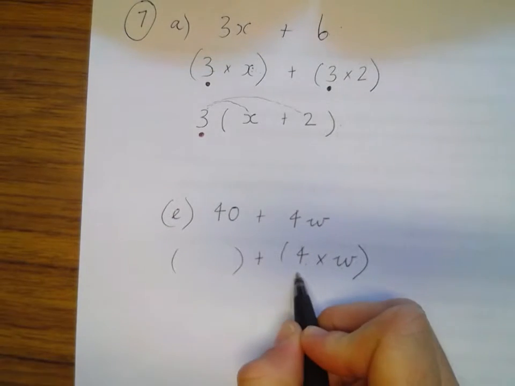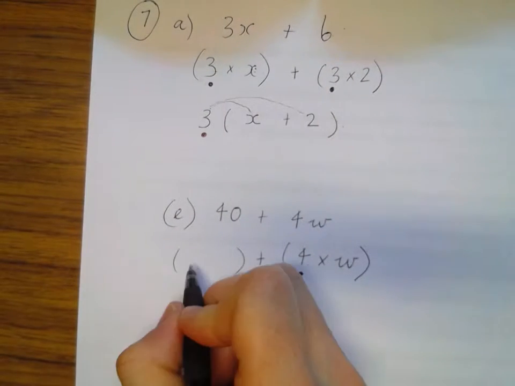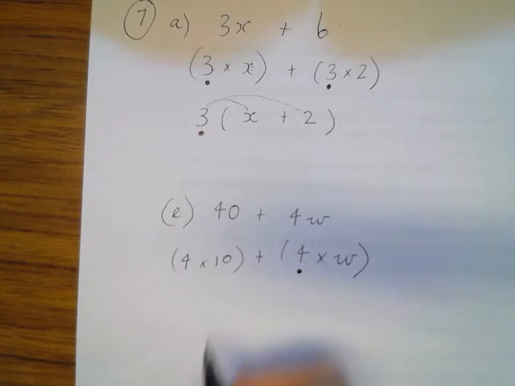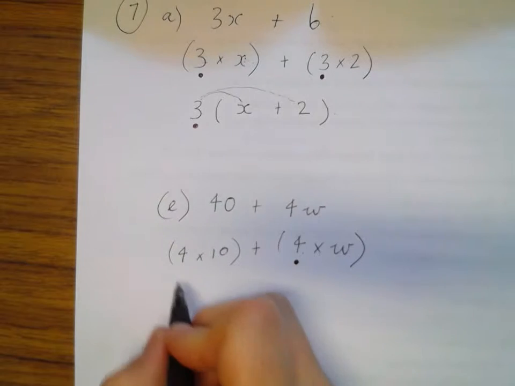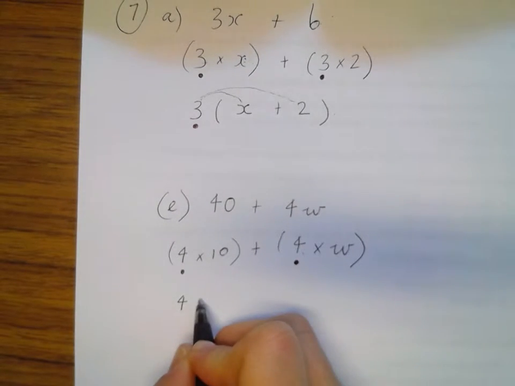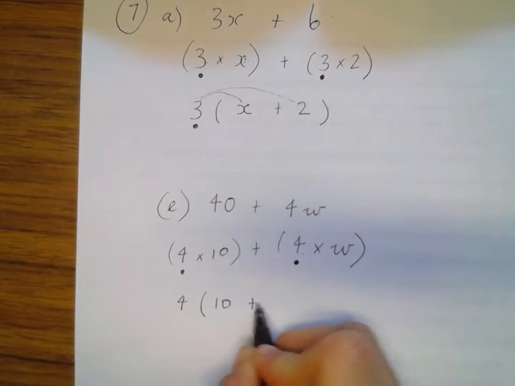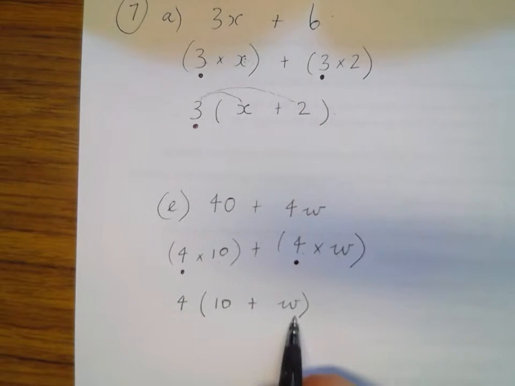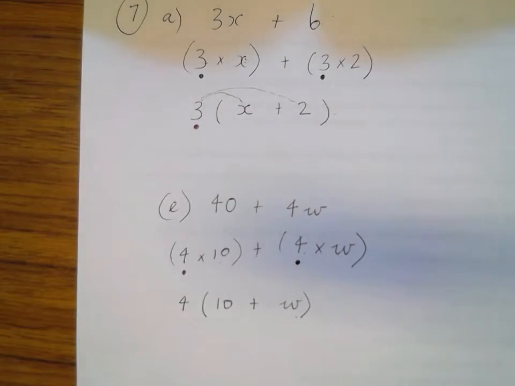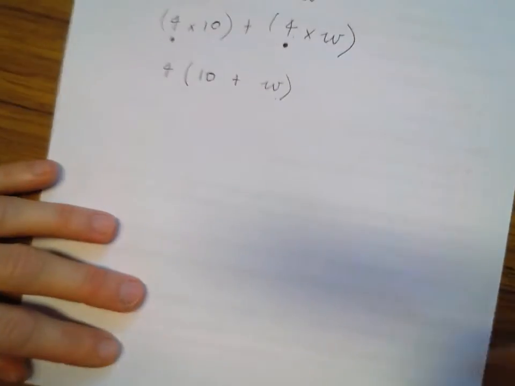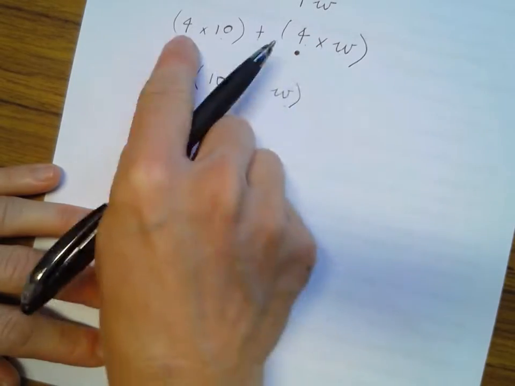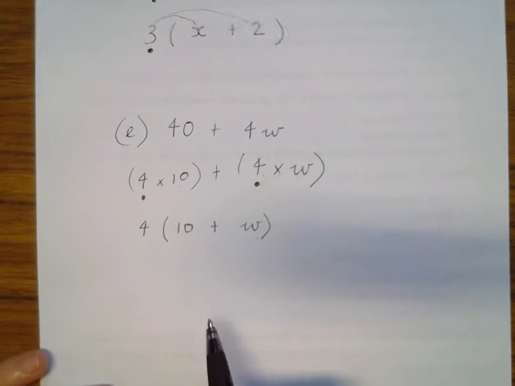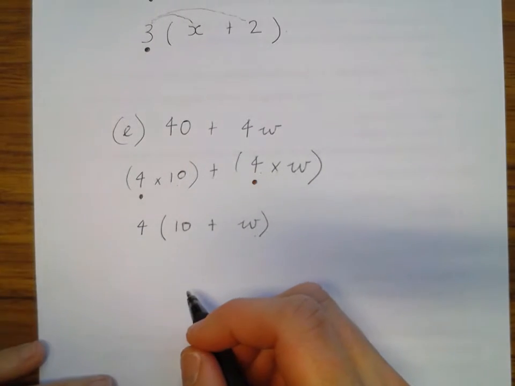But you know that you're trying to find something common. So 4 would be our choice here, 4 times 10. Then we take our common factor of 4, sit it outside the brackets, and write whatever is left over inside the bracket. That's all factorising is. Breaking it down into its factors is step 1, and then locating the highest common factor is step 2. Put that outside the brackets, whatever's left over is inside the brackets.